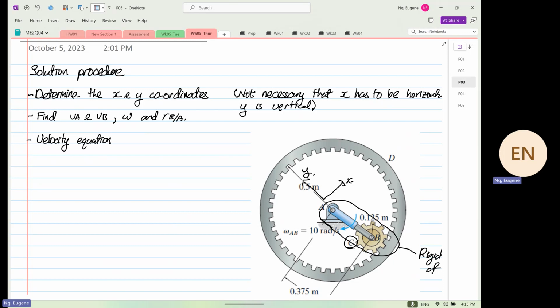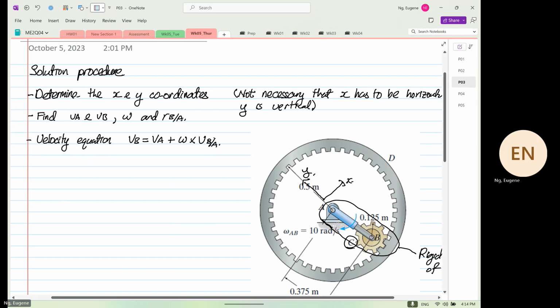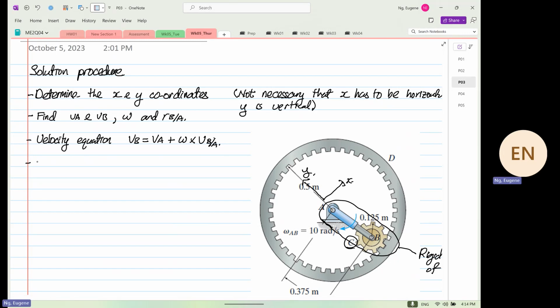So the velocity equation is VB is equal to VA plus omega cross VB relative to point A. When the solution is negative in magnitude, so let's say you get a negative number, it indicates that the direction is opposite.